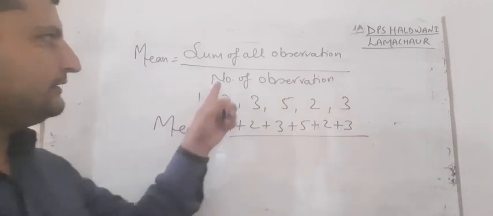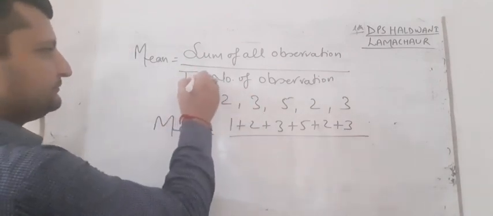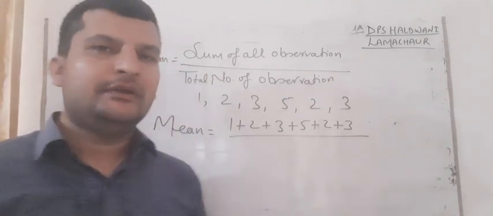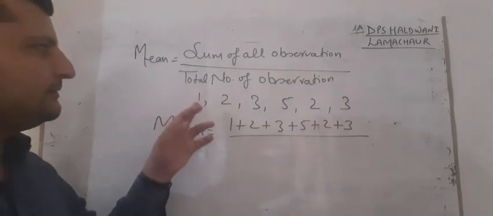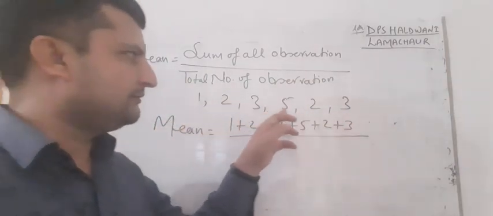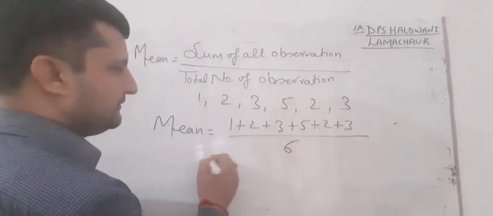Then total number of observations. How many numbers are here? 1, 2, 3, 4, 5, 6. So students, we will divide it by 6. So what will be the answer?